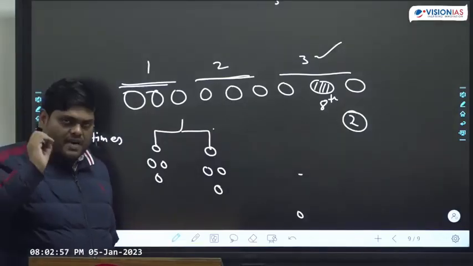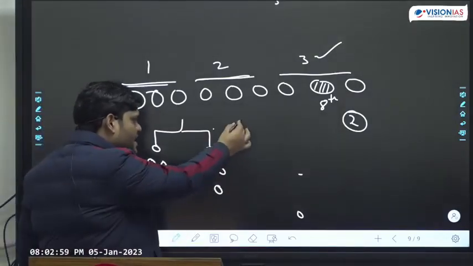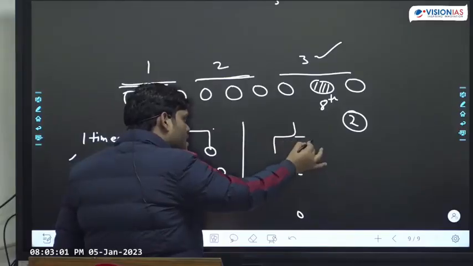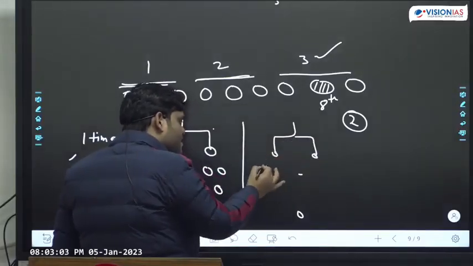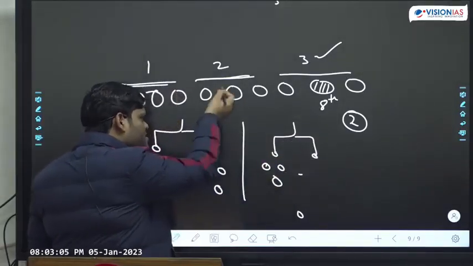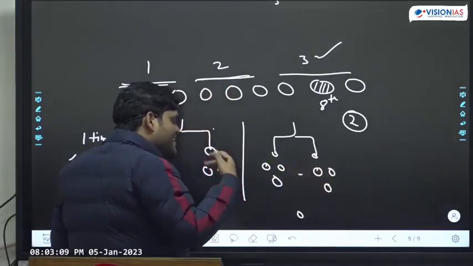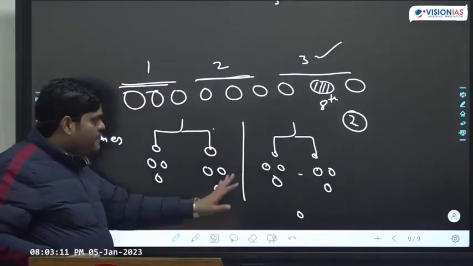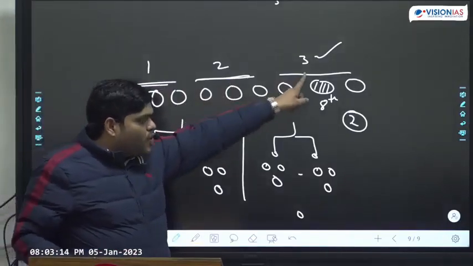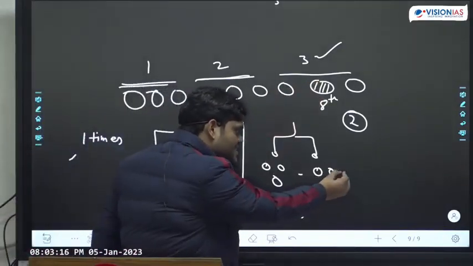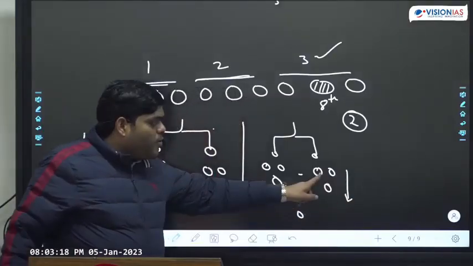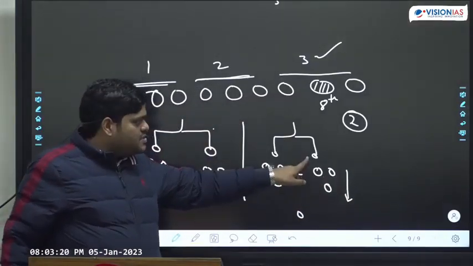The second possibility is, we will take either the first lot or the second, any one of these lots, and the third lot. In this case, what will happen? When we take one of this and one of this, one ball will be heavier, so this side will be down.